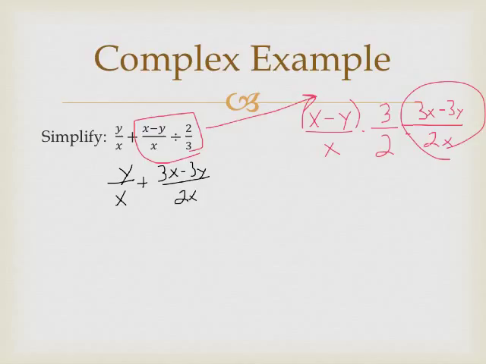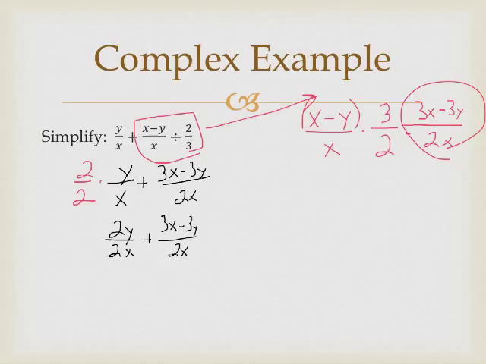So I have a denominator of x and a denominator of 2x. Luckily this one's not too bad, where I need to multiply this by 2 over 2 to get myself to a denominator of 2x. And so now this is the same as 2y over 2x plus 3x minus 3y over 2x.